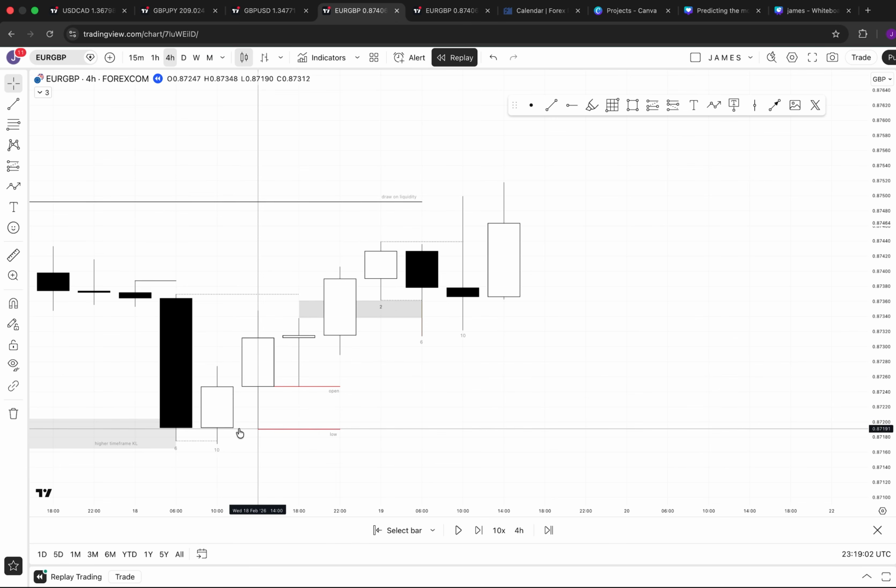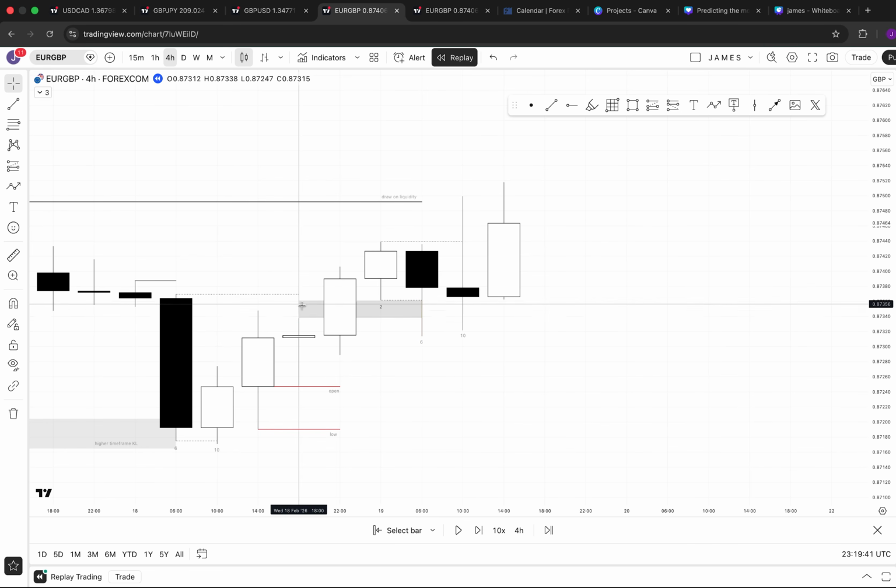And you'll notice as well, once we have this manipulation candle, we close back inside, you can see how the following candles don't trade lower. They've all traded higher. There's a reason for that. It's because price has already mitigated and gave that manipulation. So we trade higher all the way into that liquidity. Before we take out the higher time frame draw on liquidity, we start to range for the next trading session.